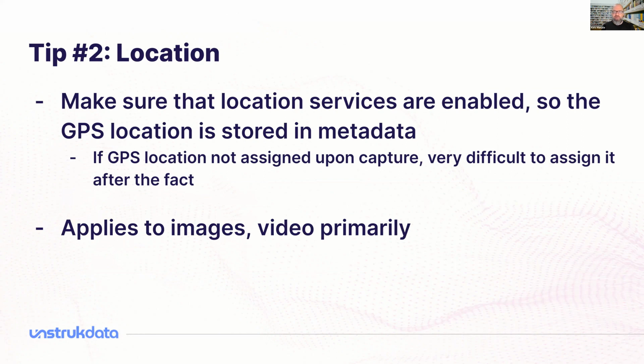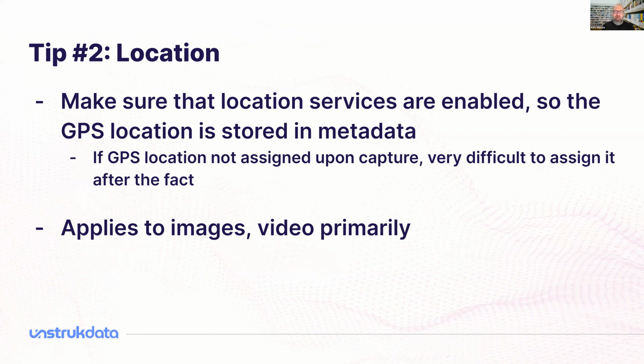Tip 2 is location is everything. Every drone captures GPS location in the metadata, but if for some reason, maybe on a mobile phone, location services are turned off, or there's some problem getting the GPS, it's really hard to get that information back.